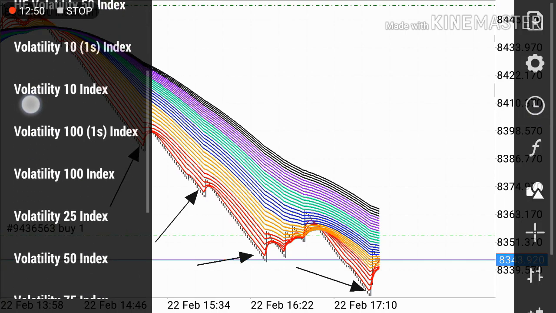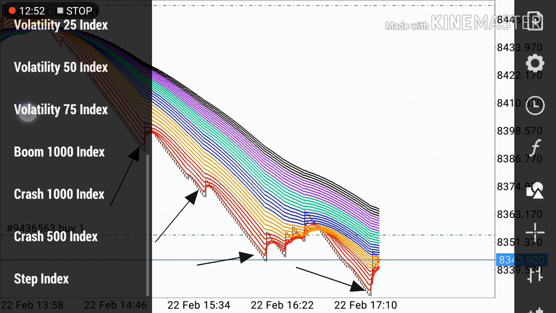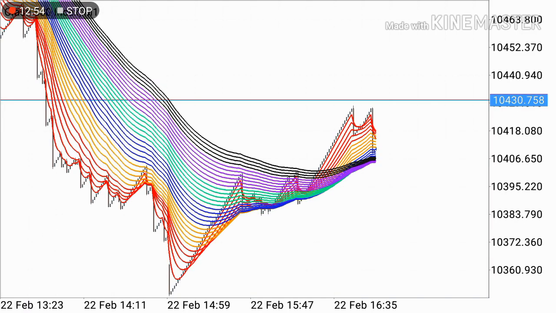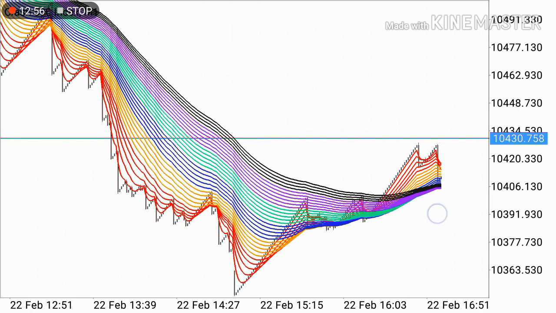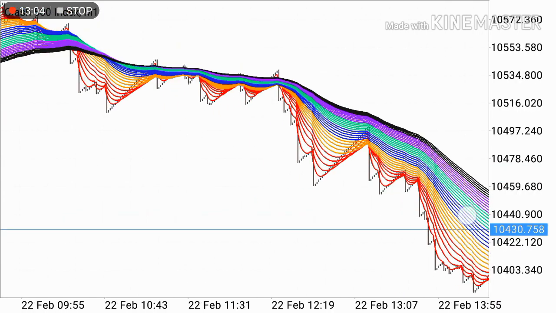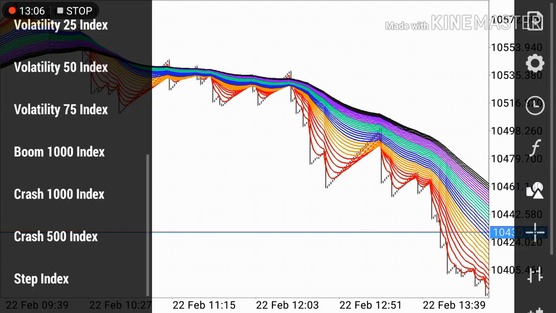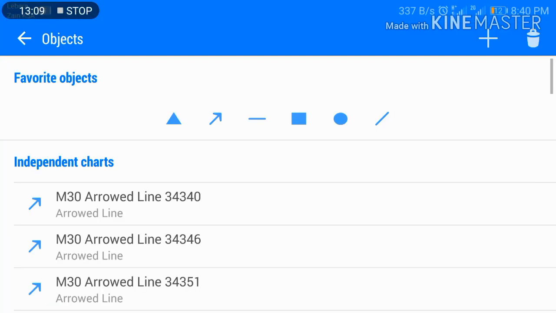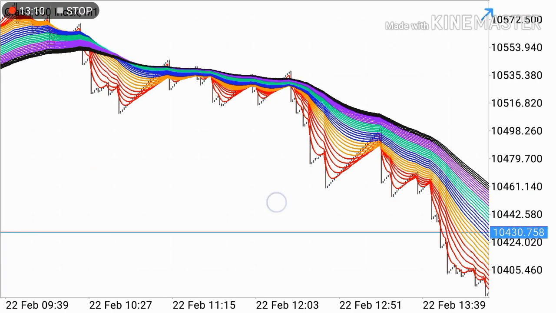Let me find a live example. Look here, the market touched this last one and spiked.